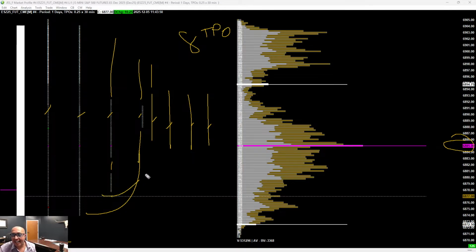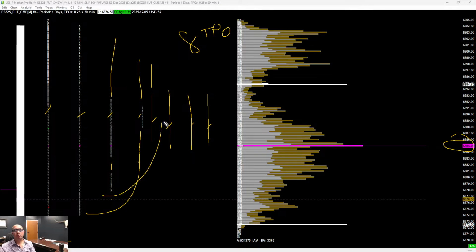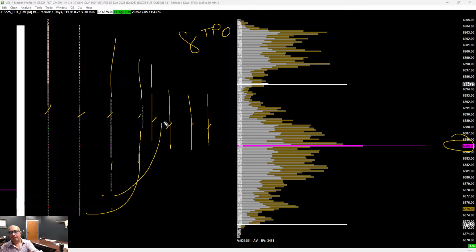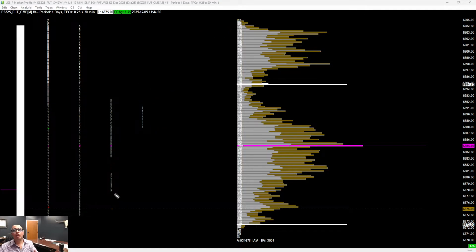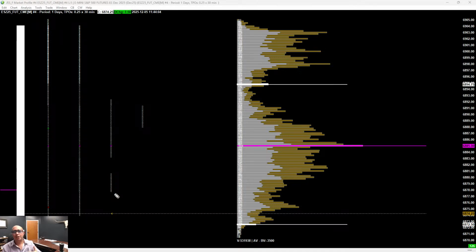And so price has to roll over to form that pattern. And in real time, that's how you're managing your trade. You're managing that trade. And again, you have to honor your stops.